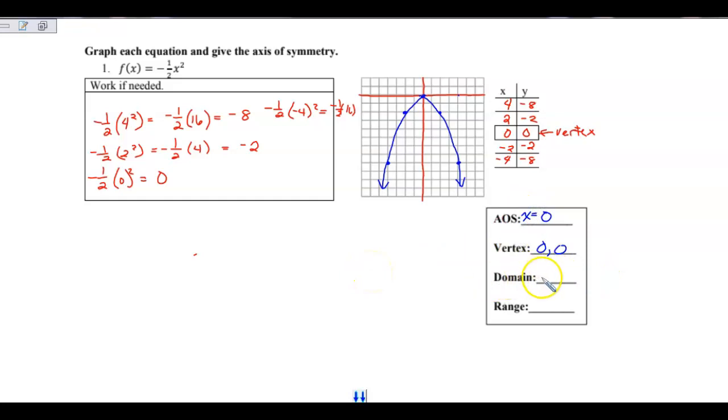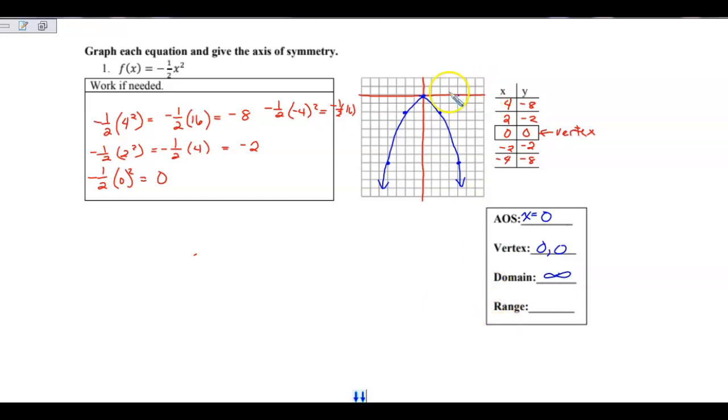The domain, remember, is your x values, and if this kept going, it's widening, so it goes to positive infinity and negative infinity. I'm just going to put my domain as infinite.